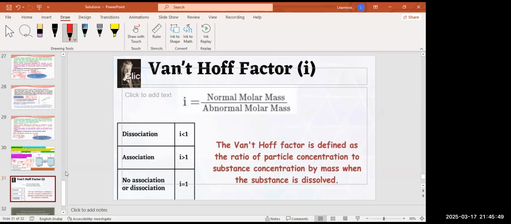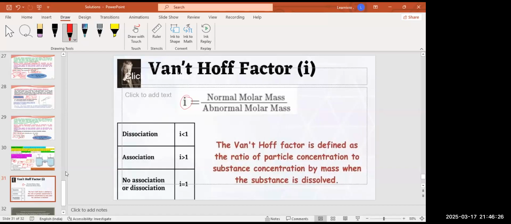So simply, to correct the colligative properties, a factor called the van't Hoff factor is used, right? And van't Hoff factor is denoted by i. This factor accounts for the number of particles a solute dissociates into when dissolved in a solvent. That allows for accurate calculation of properties, right?